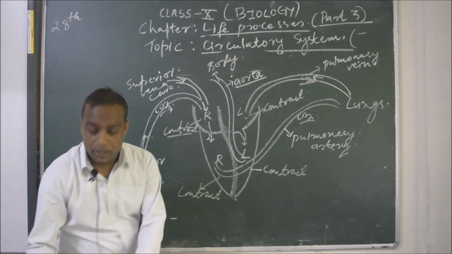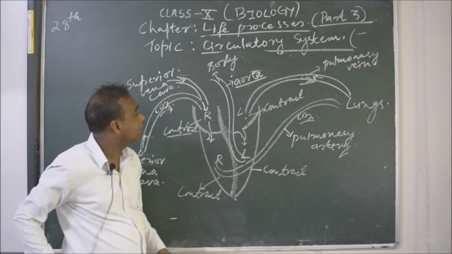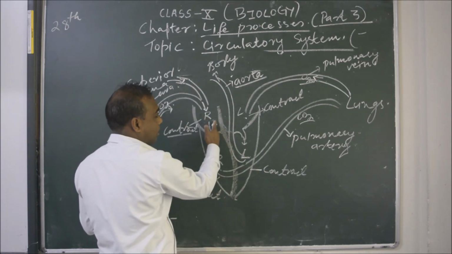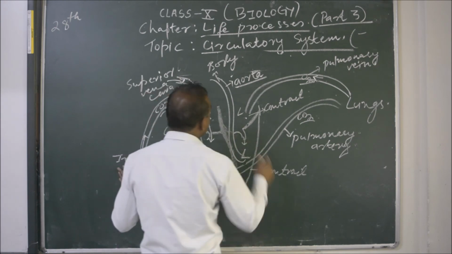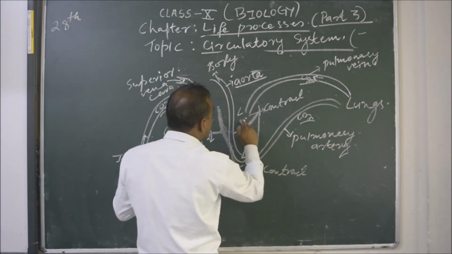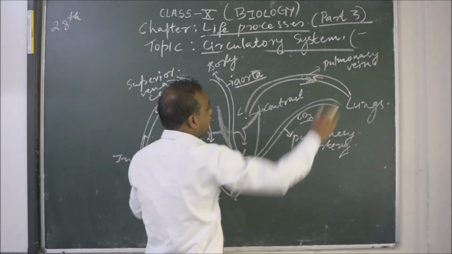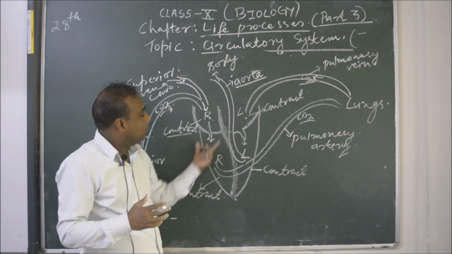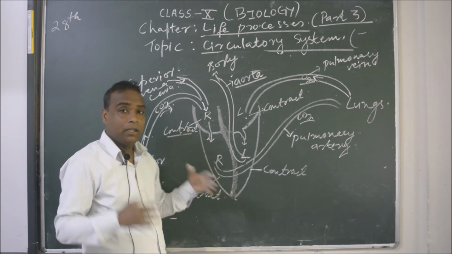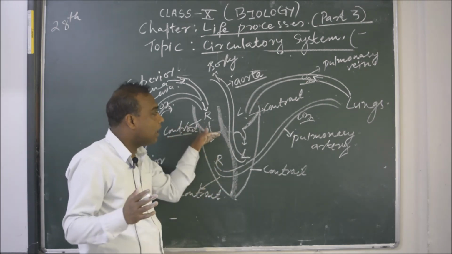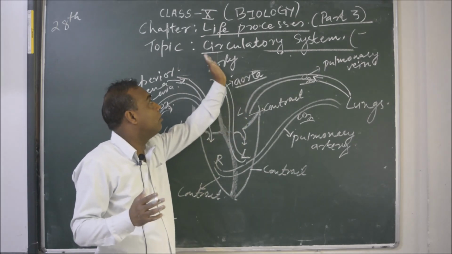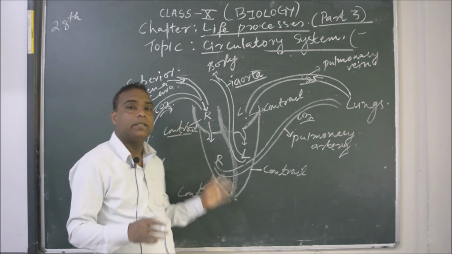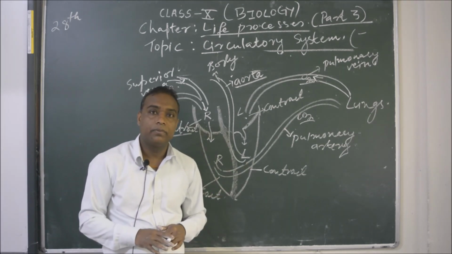In this working of the human heart, the blood comes from the body towards the heart, and again from the heart goes towards the body. That is why in one cycle the blood flows twice through the heart, and this circulation is known as double circulation.